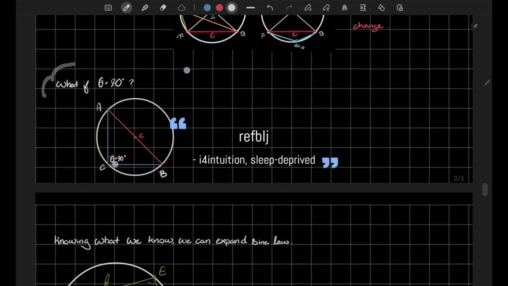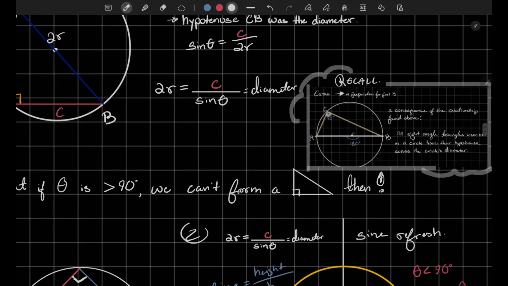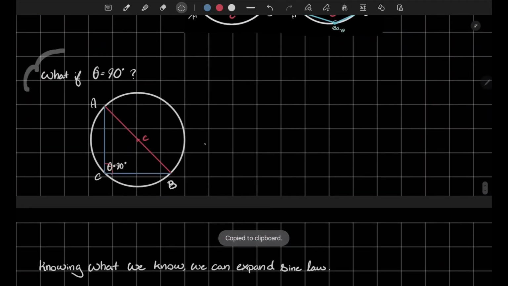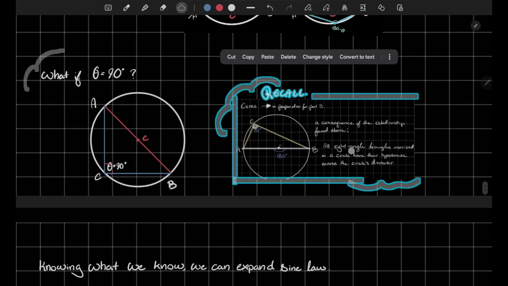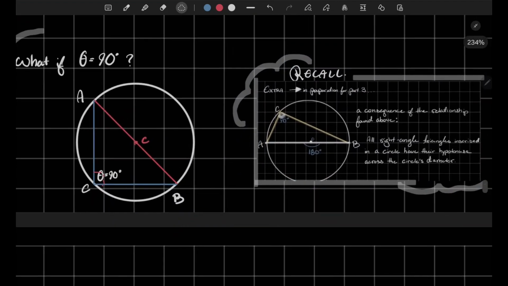But yeah, so we can then ask, what if theta is 90 degrees? If theta is 90 degrees, it's really the case that we had up here. C would then just be our diameter.